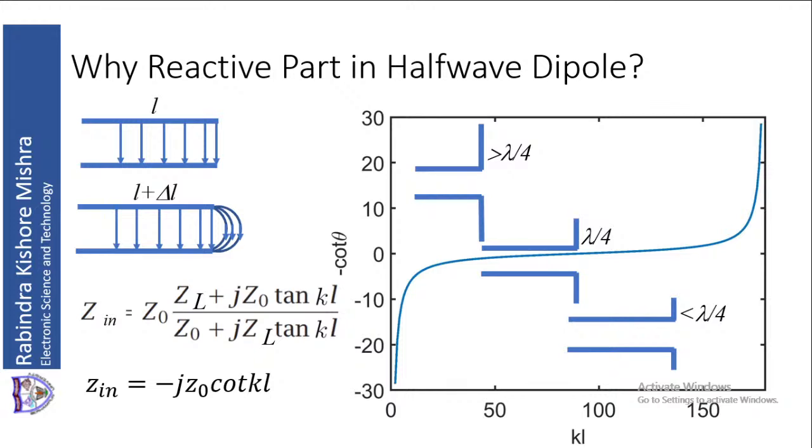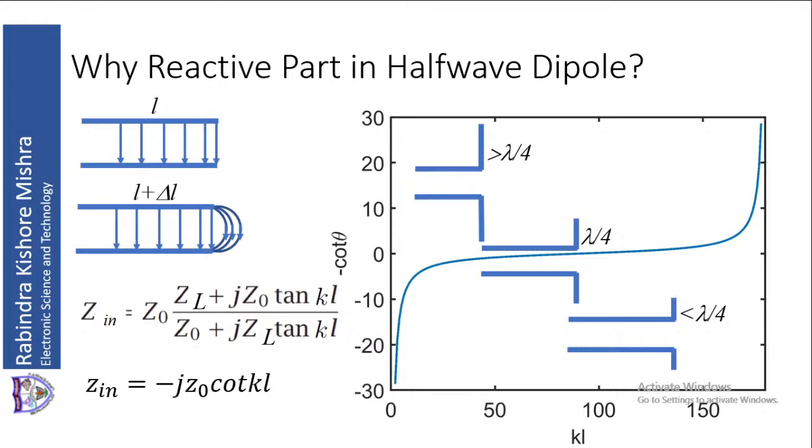Practically, and this is important, when we design, we take L plus D to be approximately equal to 0.46 to 0.48 lambda. Many times we take the middle value, 0.47.